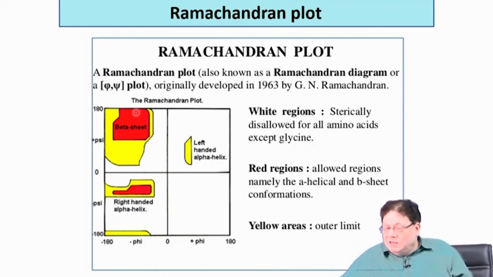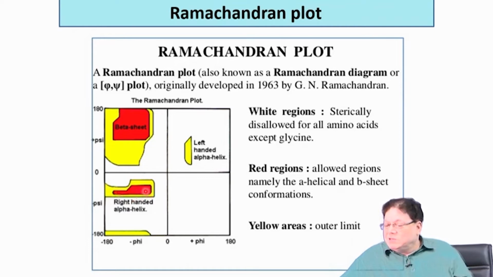So, this is the beta sheet, that means beta sheet formation will be favored when there is a certain combination. If we take the top one, that means 180 or close to 180 is allowed for beta sheet formation. And for the alpha helix, this is the red region.